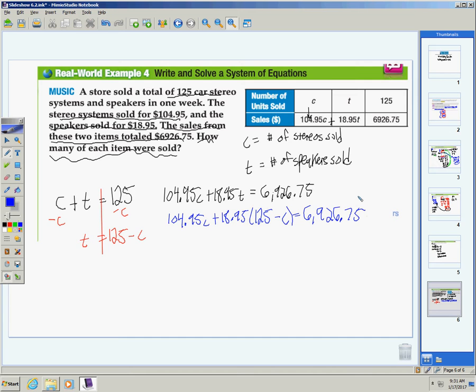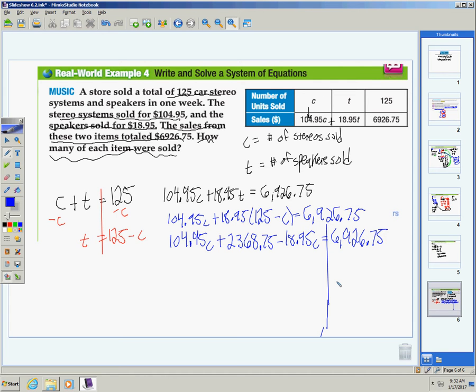When I do that, I get 104.95C plus 18.95 times 125, which is $2,368.75, minus 18.95C equals $6,926.75. And notice, even though there are way bigger numbers, the process here is still the same.